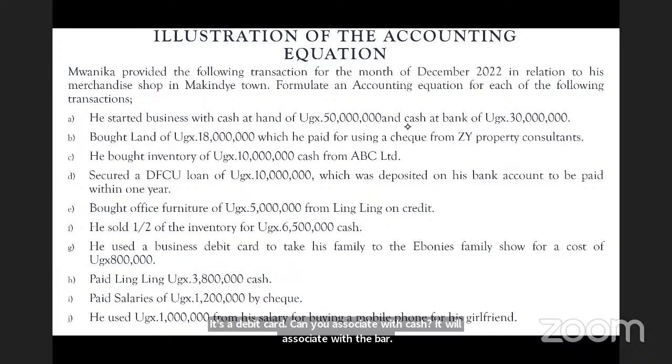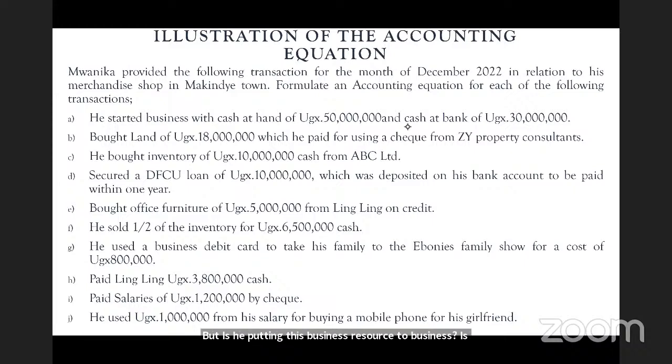Money in the bank. Are we together? So he's using his business debit card to take his family out. So meaning our money in the bank is affected because he's using the business resources. But is he putting this business resource to business affairs? He's putting this to family affair, not so?